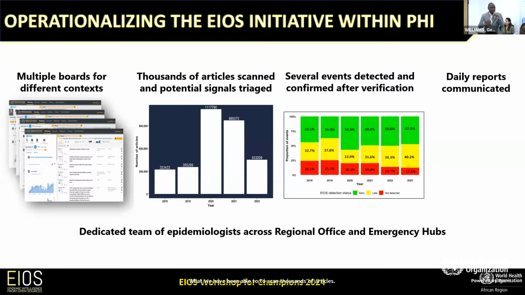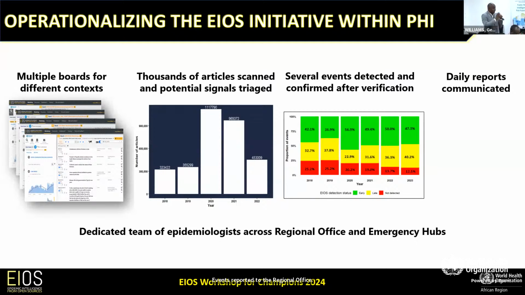And you may ask, for the African region, has EIOS been useful for us? We have carried out a survey, some analysis from all articles and all events reported to the regional office. From this analysis, we found out that 47 events reported to the regional office were initially detected by EIOS.